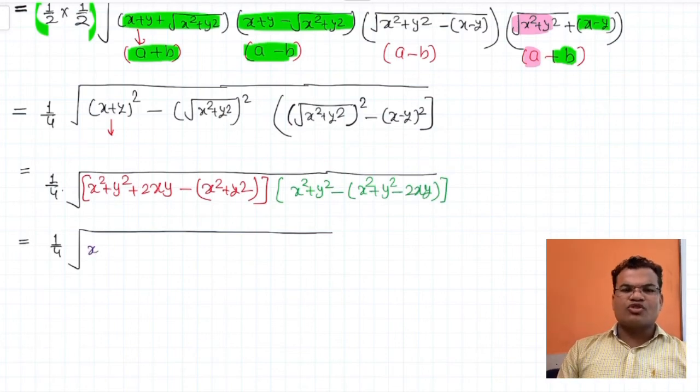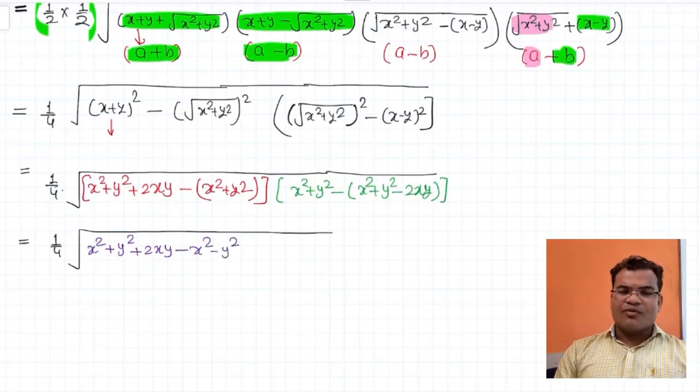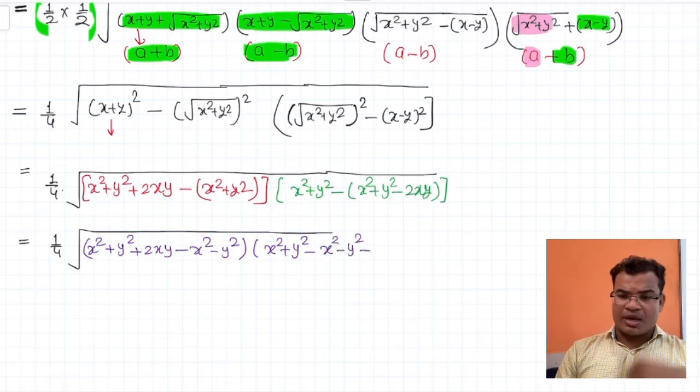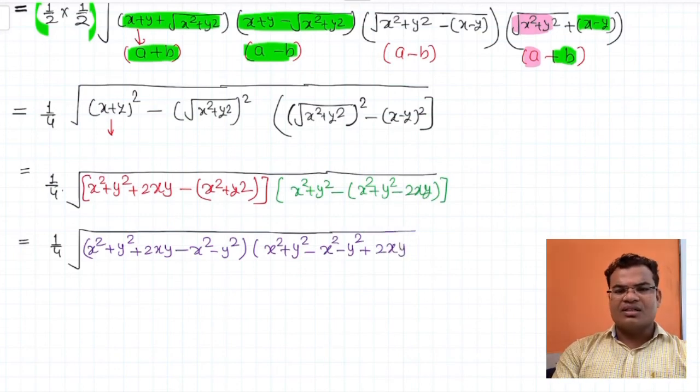X square plus y square plus 2xy you will copy down as it is, but this will be minus x square and minus y square, because both are positive. The first bracket is closed. The second bracket you will again open after multiplication with the minus sign. So x square plus y square as it is, minus x square minus y square, and minus 2xy will become plus 2xy. This will be closed here, right?